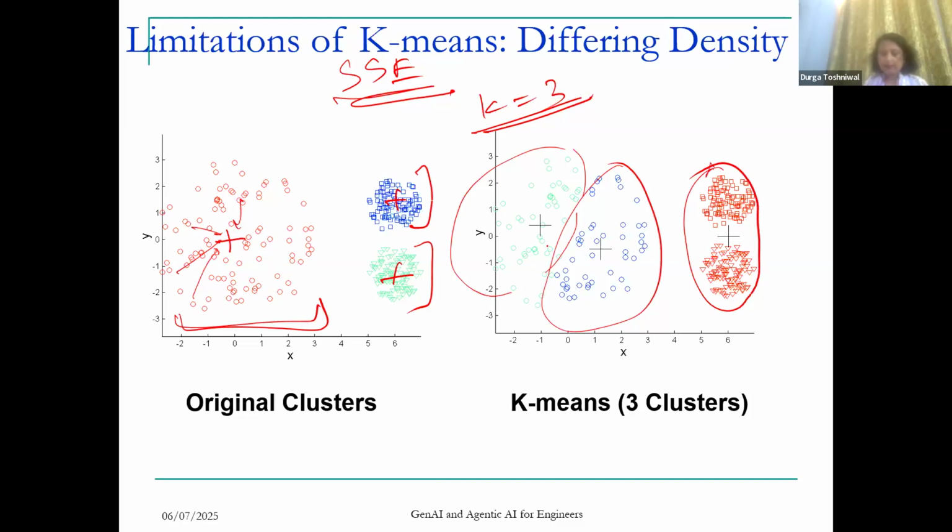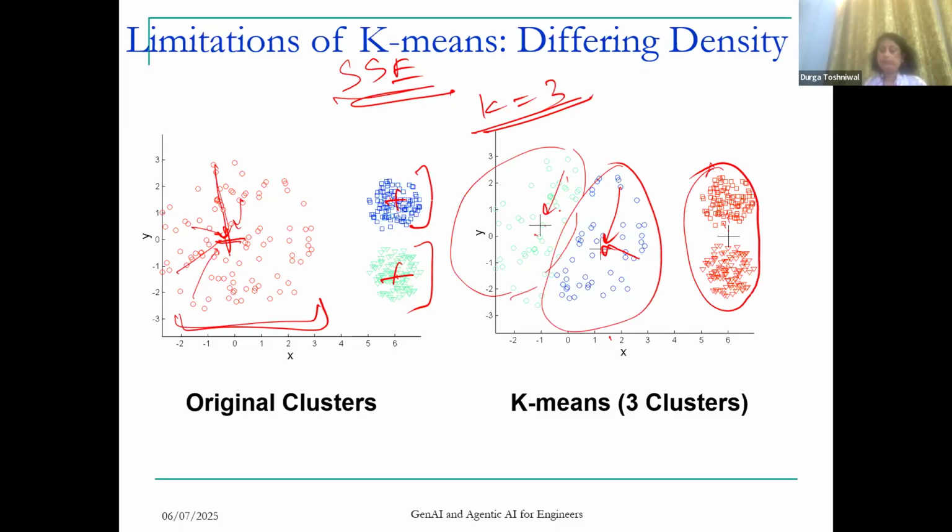Now what happens? These distances, because this one single cluster center was far away, would have been high. Now they get halved. This cluster center becomes closer because there are 2 cluster centers, so each of them is relatively closer to the points. So SSE gets reduced, and all these points are so densely packed and the clusters are near to each other. So the sum of the SSE of these two versus one of this will be almost the same.